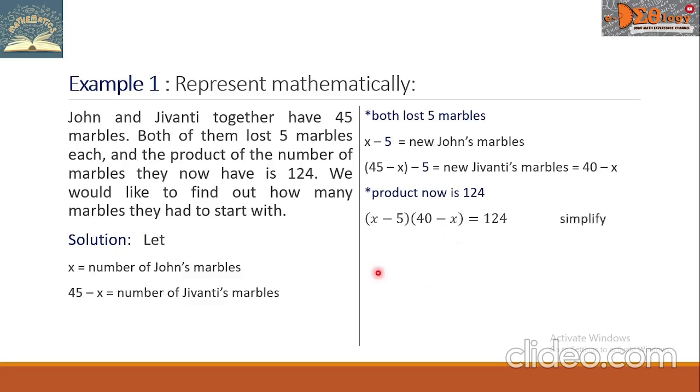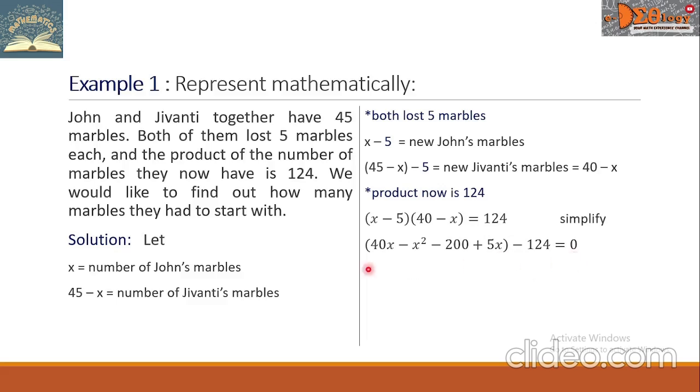So it becomes 40x minus x squared minus 200 plus 5x. And this 124 on the right, we transpose to the left. It becomes negative 124, and the right side becomes 0.